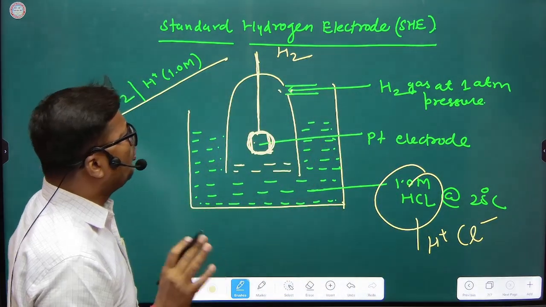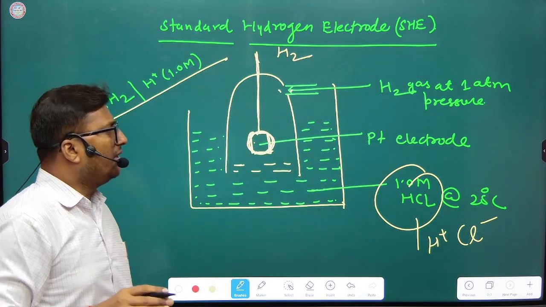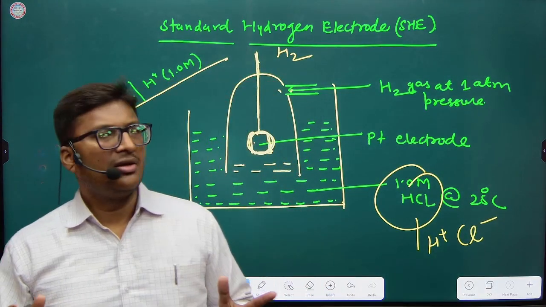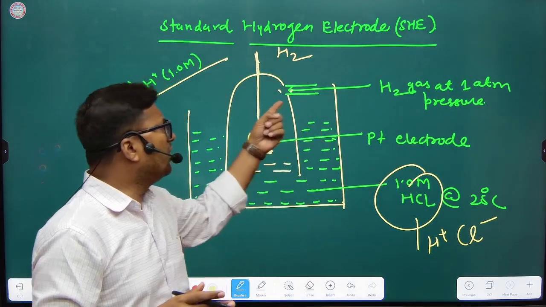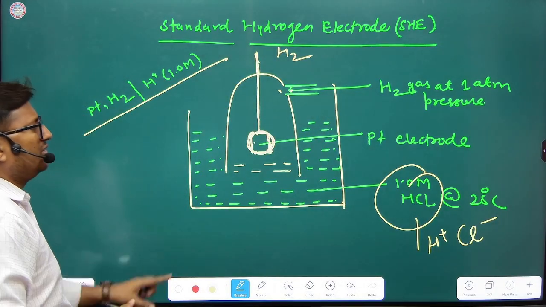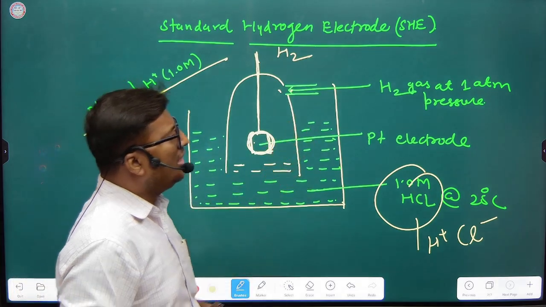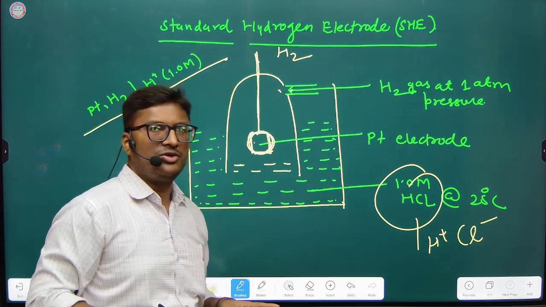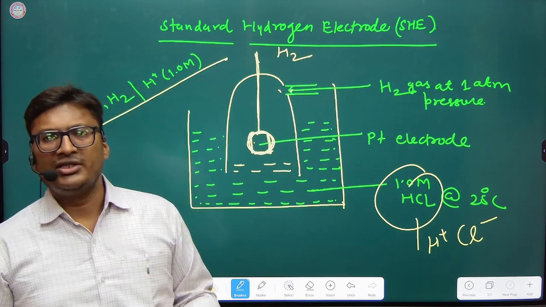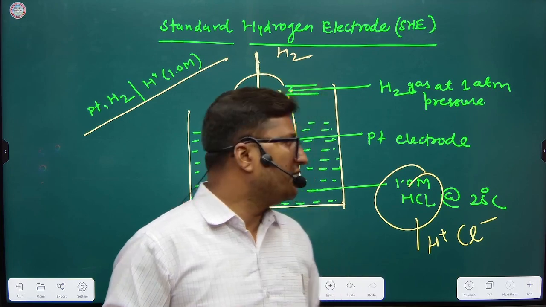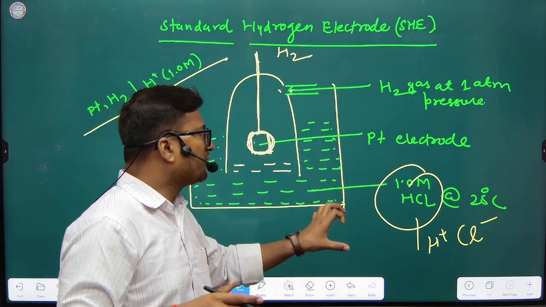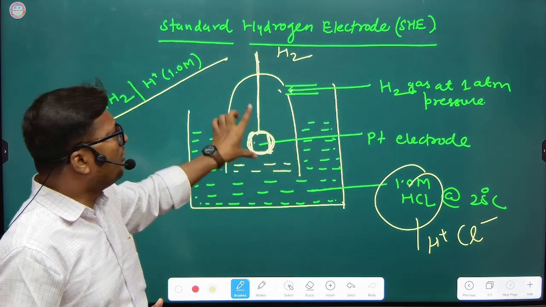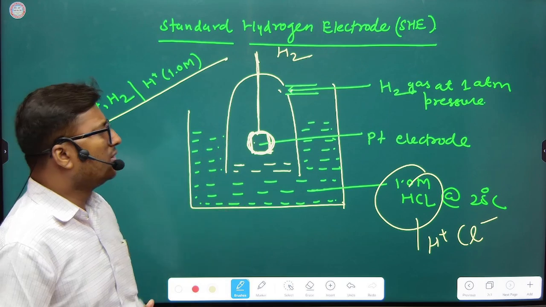So there are two possibilities: either hydrogen gas can be created, or hydrogen gas may be supplied to the system. This platinum electrode is kept in the electrochemical series below hydrogen, so it is less reactive and very inert, and that is why it is taken here as the electrical connection for this kind of electrode.